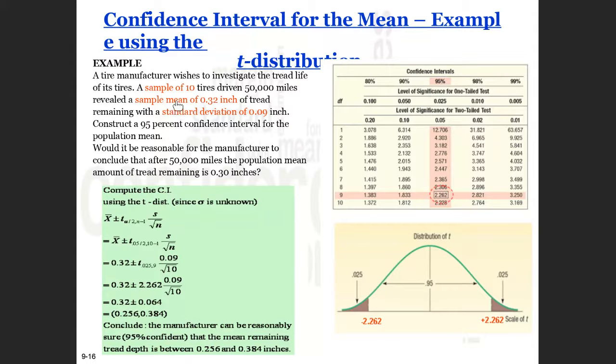Okay, that's your sample mean. They're asking, is the population mean going to be that? So using the t-distribution, see if I can make that bigger. So we have the mean 0.32 plus or minus, okay?